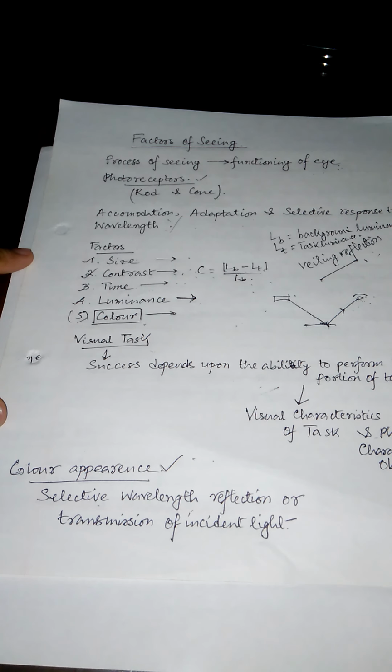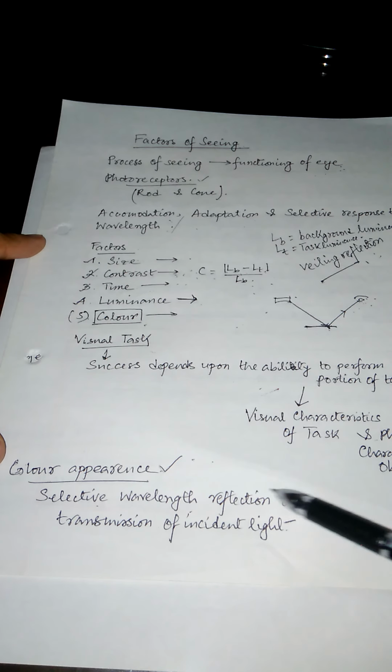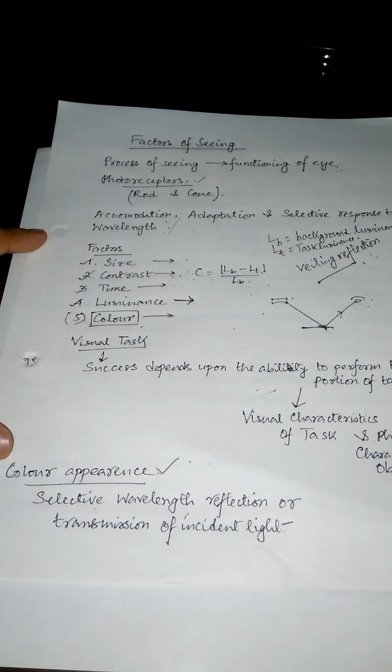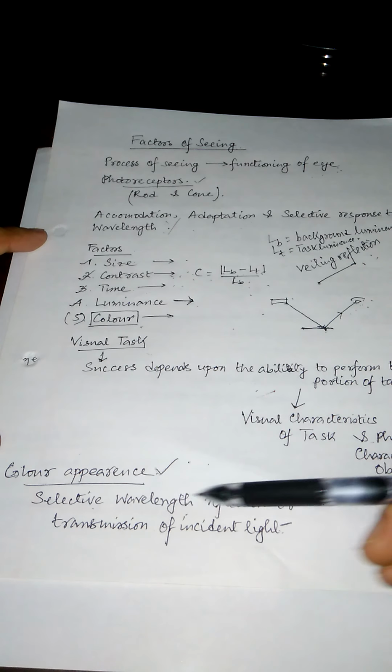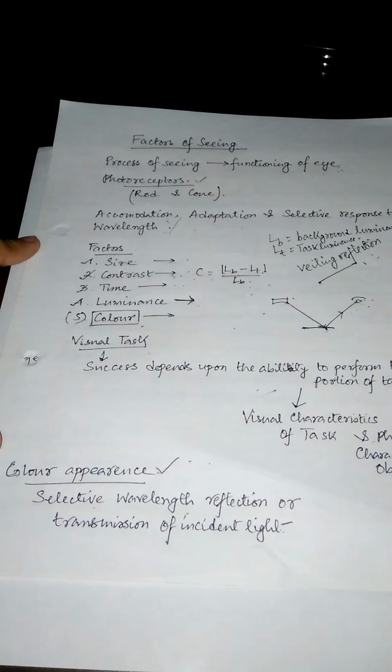The particular wavelength reflects from the object to our eye, and our eye perceives that and judges on that parameter whether this is blue or red or green.